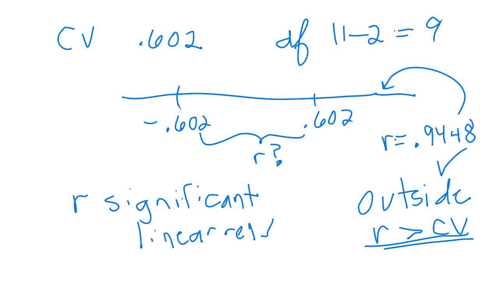And that's all you do to use the table. I much rather like to use the calculator because it gives you the answer right away, but they're also just teaching you how to do it both ways. It doesn't matter which way you do it because you still get the same answer. We still got the answer that R is significant.